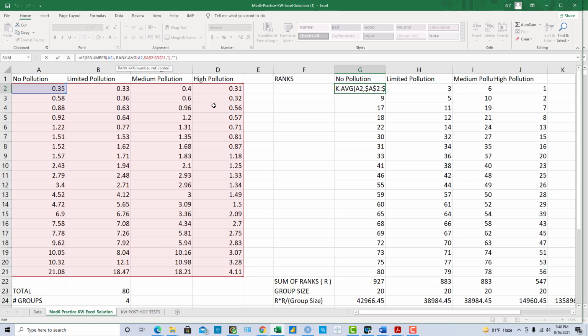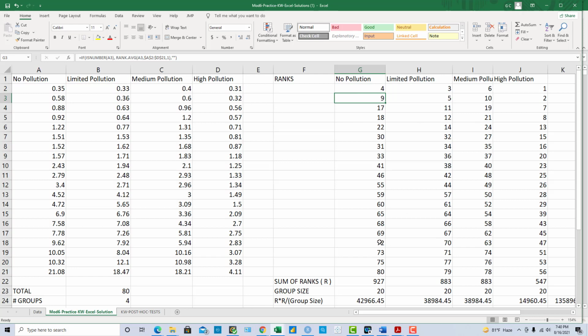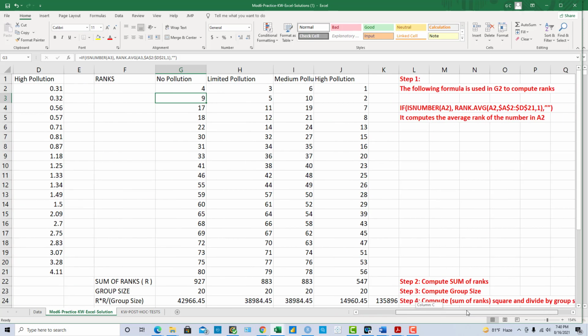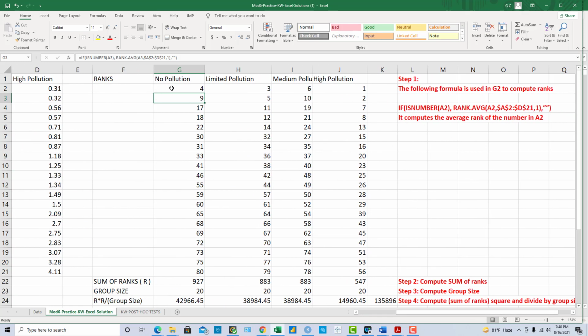But in this case, it's a moot point because all these are numbers. So we do that, and we have extended this formula for all these 80 numbers. All these 80 numbers will get exactly one rank using this extended formula.